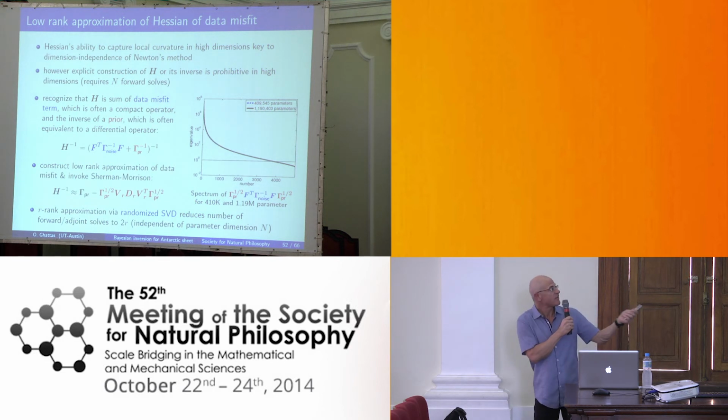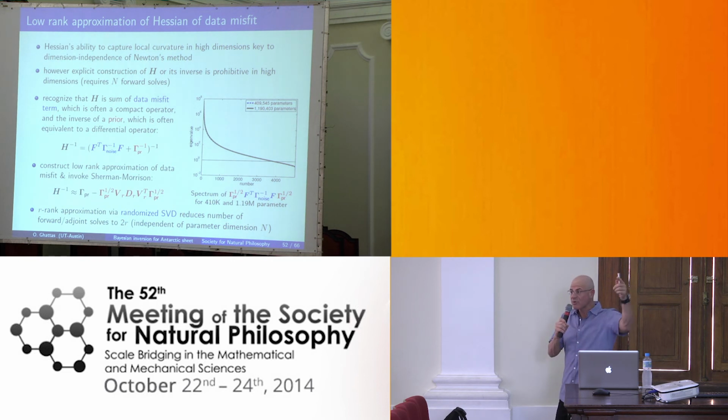So it tells you that for the data misfit portion of the Hessian, the linearized forward operator and linearized adjoint operator, the eigenvalues collapse rapidly, despite the fact that for this problem you'd expect a lot of information contained in the data. The data are everywhere on the top surface, and we're trying to infer the coefficient of a boundary condition at the bottom surface. And this is just a few kilometers thick, over 1,000 kilometers in extent.